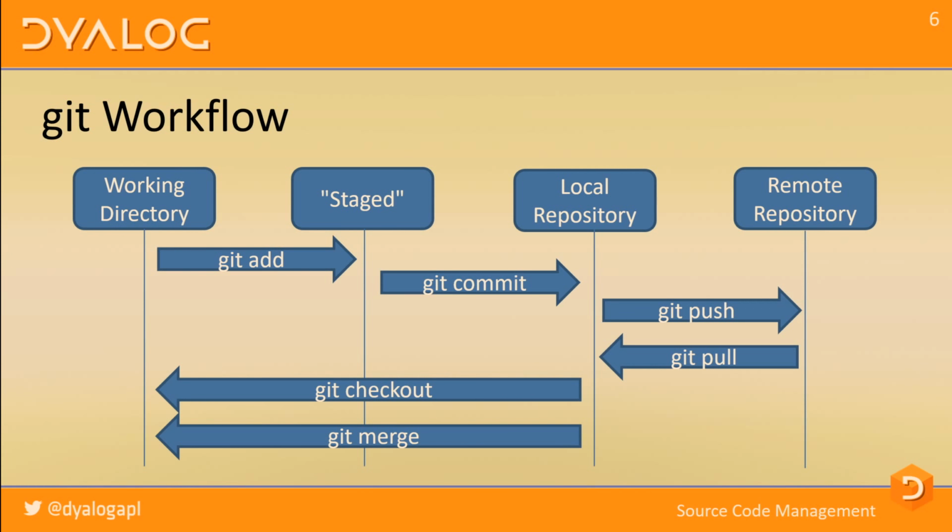So not all of these systems have the distinction between the local and the remote repository, right? That's one of the reasons why Git has become so popular, that it allows you that distinction. Yeah, well, also a remote repository doesn't have to be on GitHub. It could be on your machine.